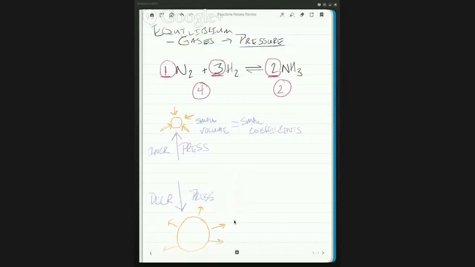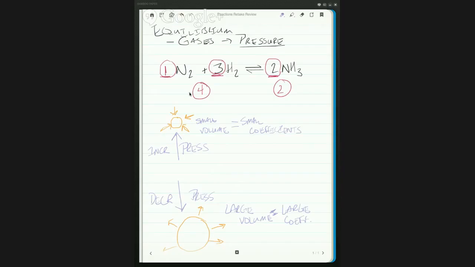So that means that we now have a large volume. Large volume equals large coefficients. Right there. Okay. So this left side would be favored. The reactant side is favored. The reverse reaction is favored.